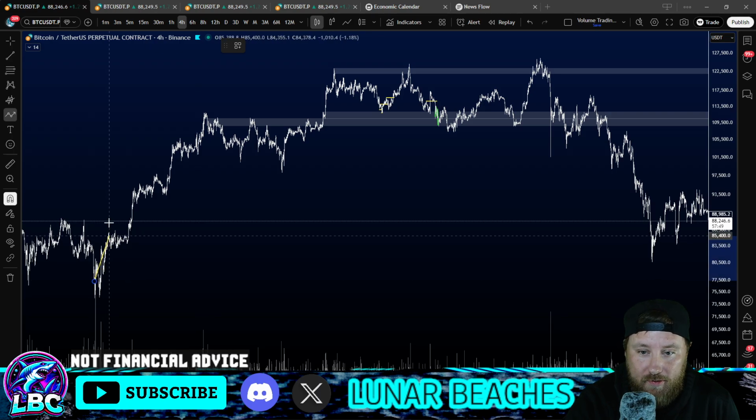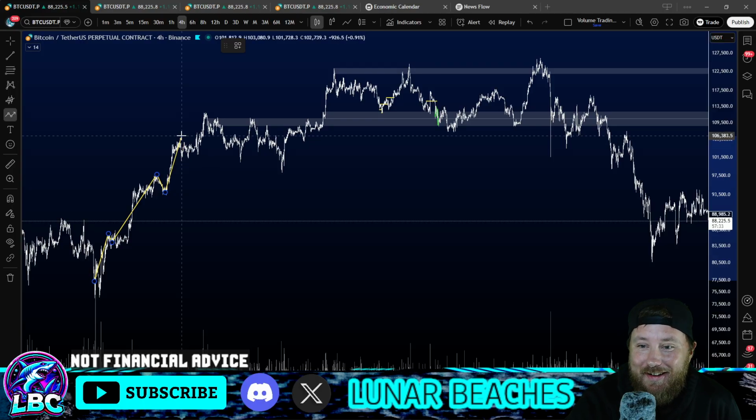We got high before this consolidation, low, if it wants to act right, high, low. Turn off magnet tool so we can actually do this right. High, low, high.